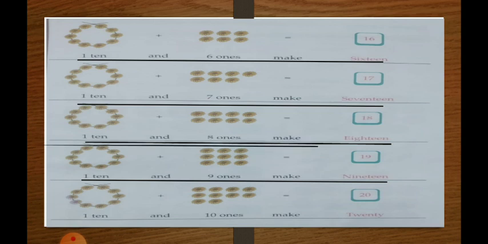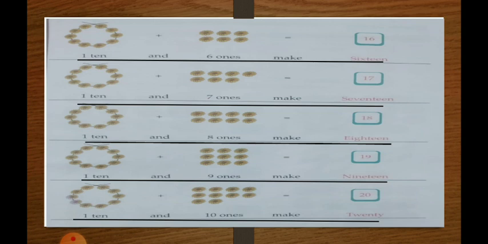So students, you understand the concept of tens and ones? When we put a thing separately, you can say it as 1: 1 one, 2 ones, 3 ones, 4 ones, 6 ones, 8 ones.